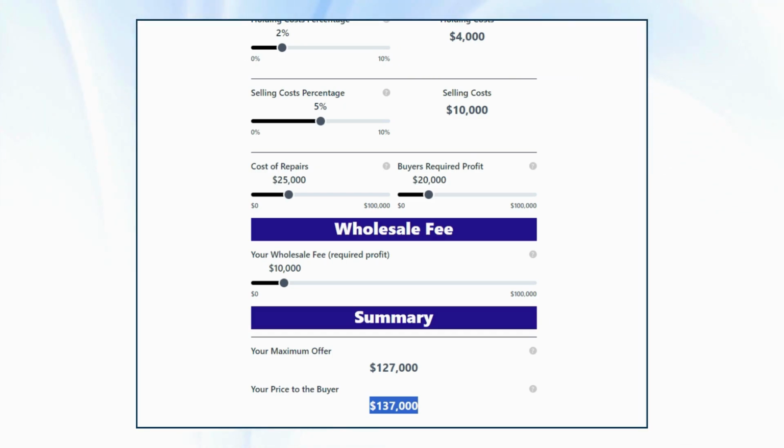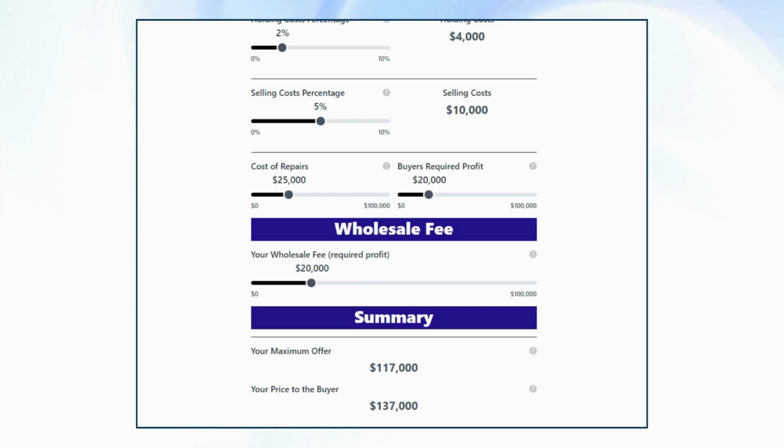So however you transfer that contract to them, you want to walk away with your 10,000 wholesale fee. If you need more than that, then you just ramp it up and see where the numbers are. Can you make a deal where you can get the property for 117,000 so that someone else will look at it and say, yeah, 137 makes sense. Well, let me get that contract and pay you 20,000. And that's really all there is to it.